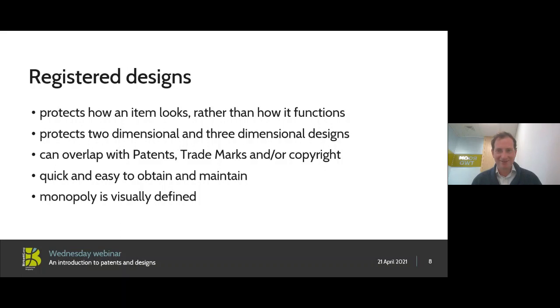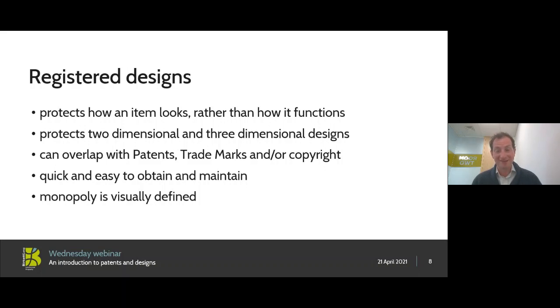Usually, registered designs are quick and easy to get. So provided you have sufficiently decent and detailed drawings, you can obtain the protection in the UK and in Europe very quickly.